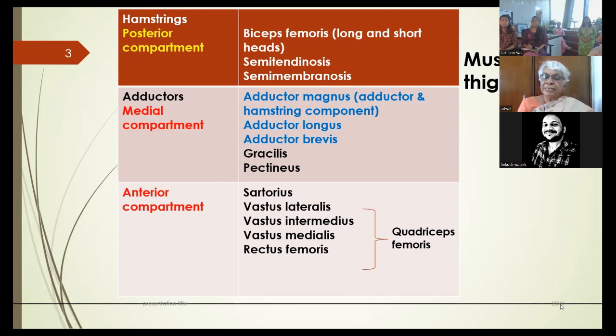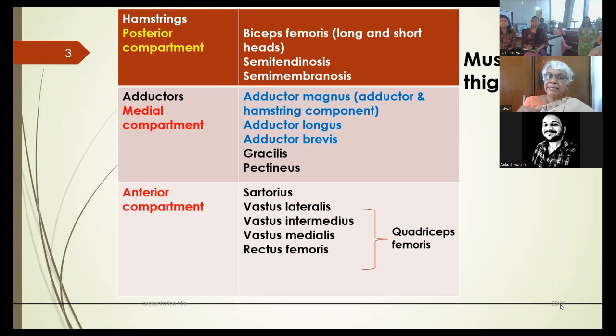Their origins are also separate: the adductor part arises from around the pubic symphysis area, and the hamstring part arises from the ischial tuberosity. So the pubic or adductor part is inserted into the femur itself on the linea aspera, responsible for the adduction of the leg.